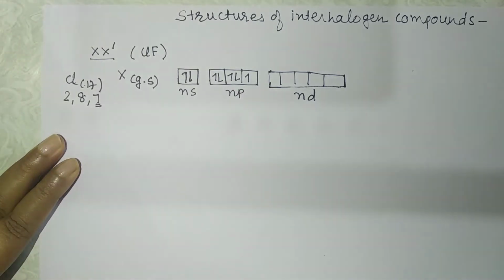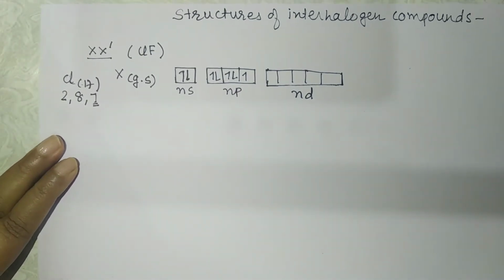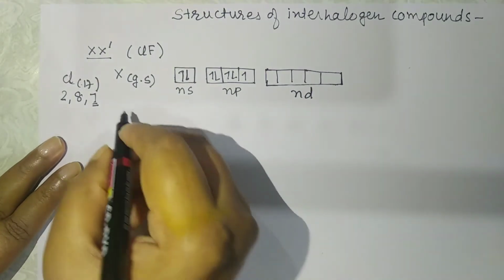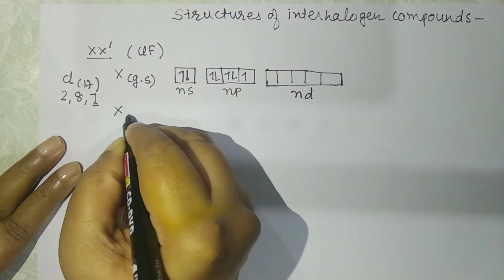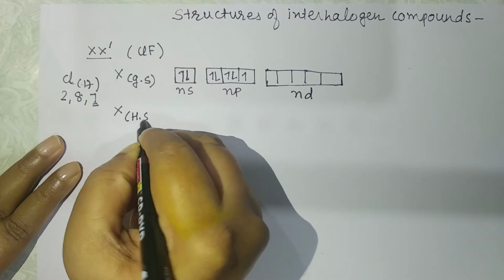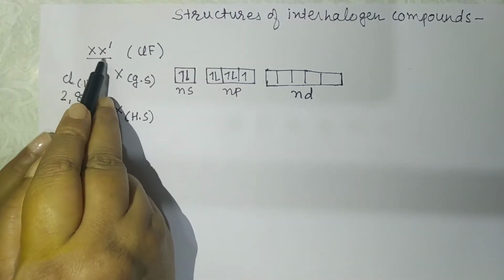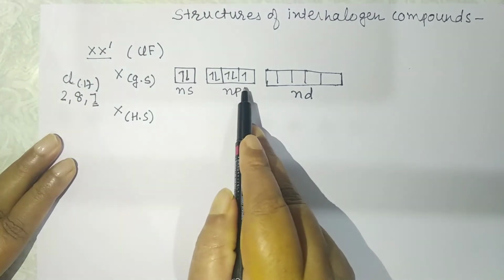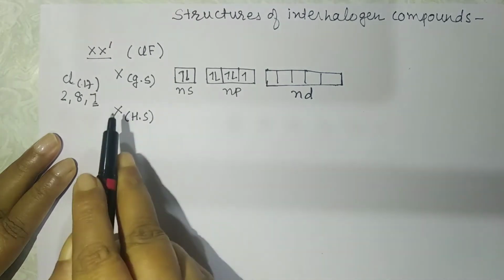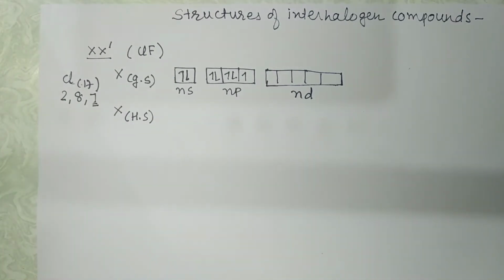So there is no need of any excited state. Students, as the number of connecting atoms is equal to the number of unpaired electrons, there is no need of carrying out any excited state.